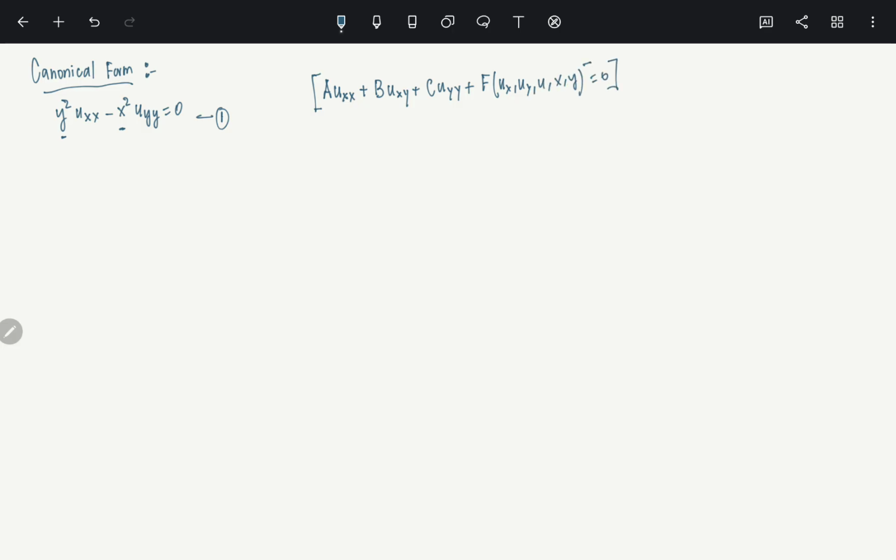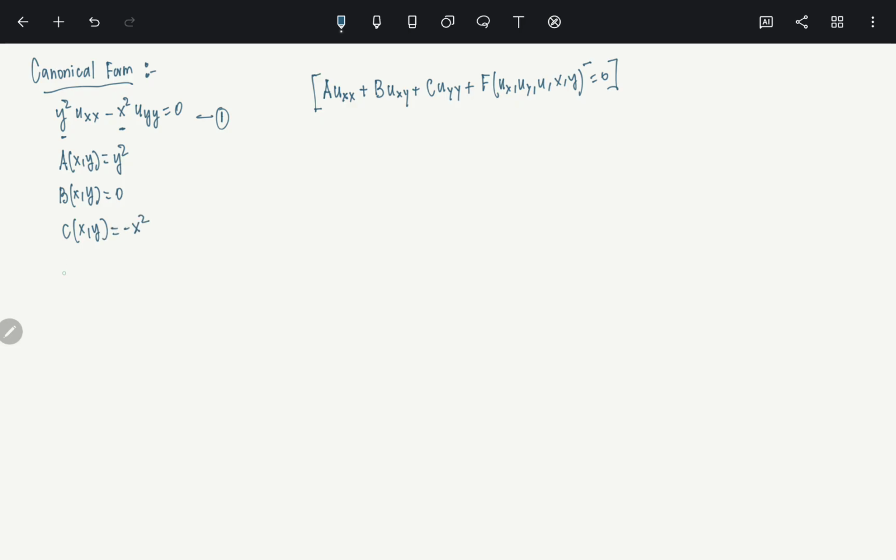Now you have to understand that the nature of this equation depends on a, b and c only. So if we compare this with the general form, a of xy is y square, b of xy is 0, and c of xy is nothing but minus x square.